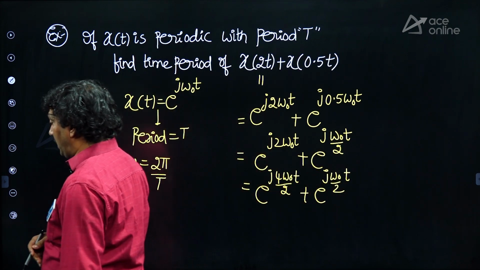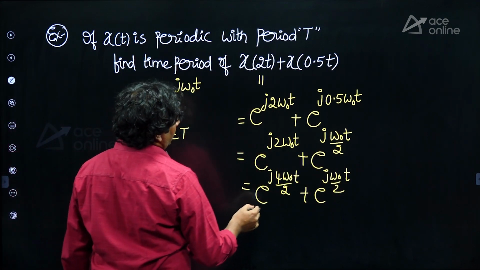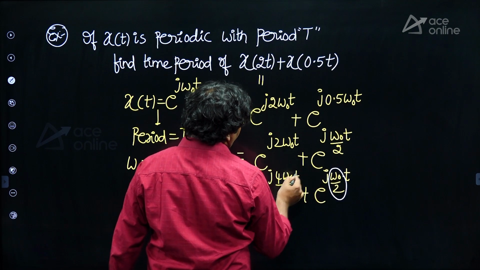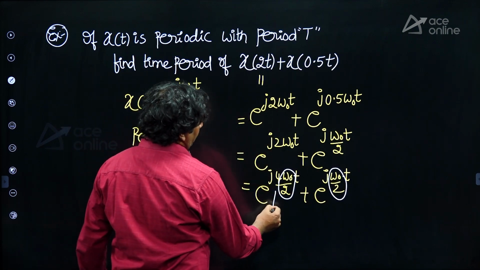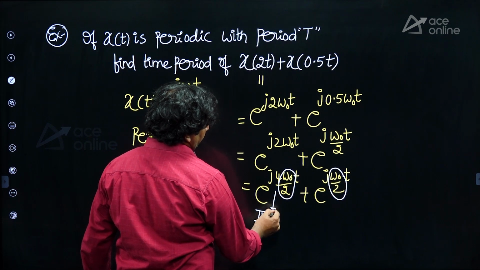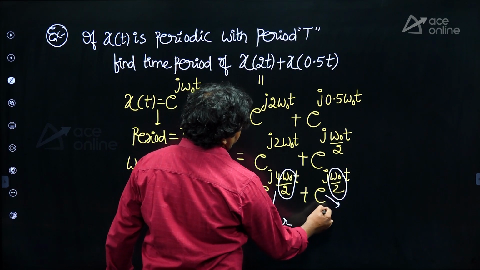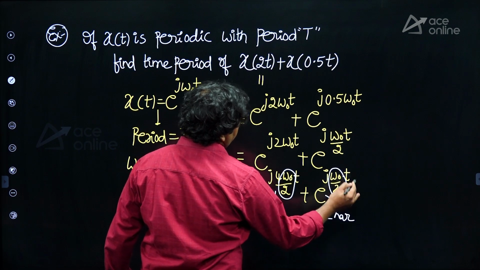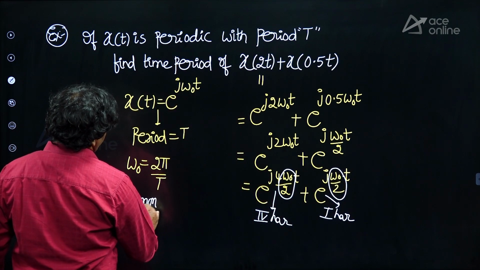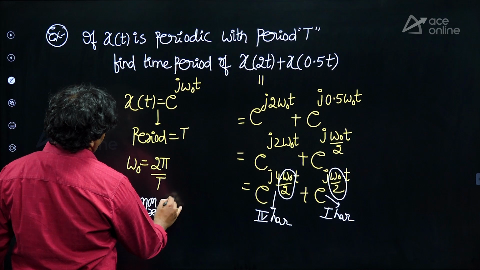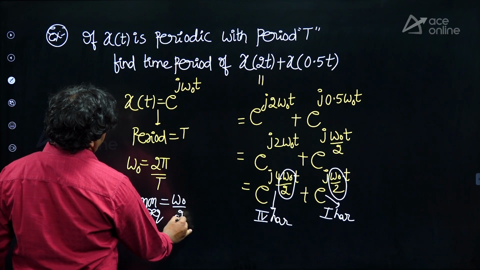So what is the common frequency they have? Omega naught by 2. We have the fourth harmonic and the first harmonic. The common frequency is omega naught by 2.